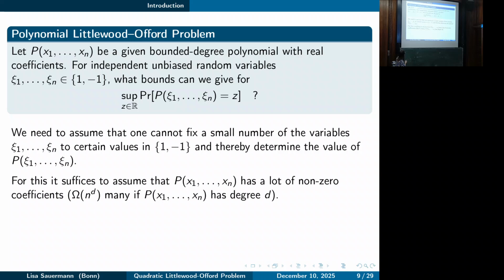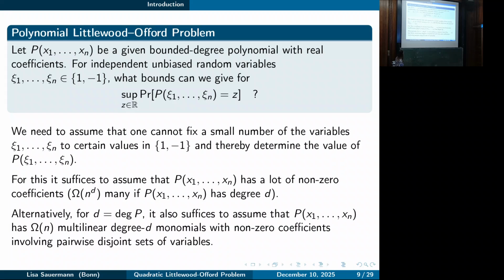In total, if it is a degree d polynomial, then it can in theory have on the order of n to the d coefficients. And if we impose the condition that linearly many of them are non-zero, then this will in particular imply that type of condition.